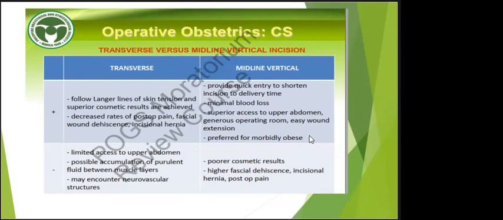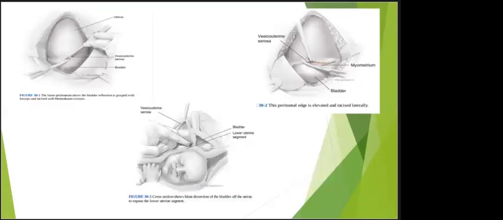Okay, it will be easier for you to extend the incision because you are already in the midline. But then it has poor cosmetic results, and so some patients would still request a transverse abdominal incision.